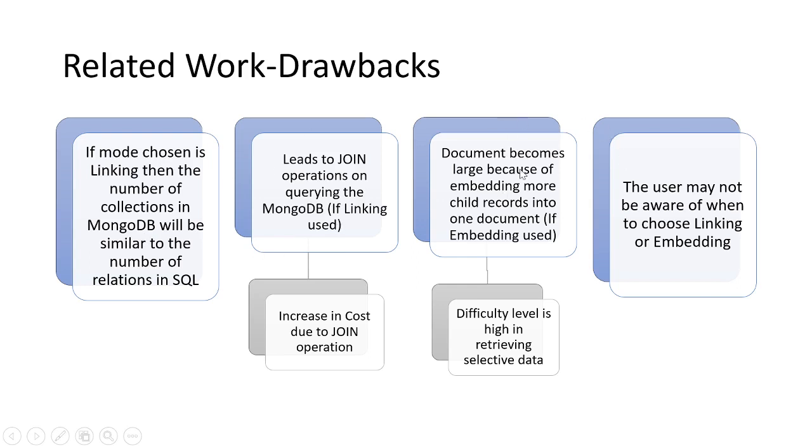And when we go for embedded mode, more child records will be embedded into the same parent record, which makes one collection very large and the other collections which don't have any foreign key small.